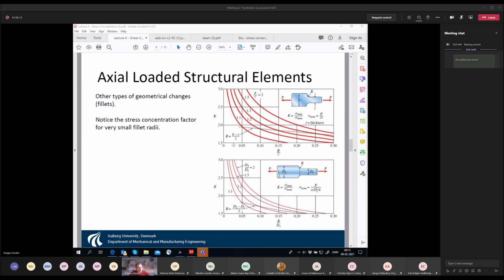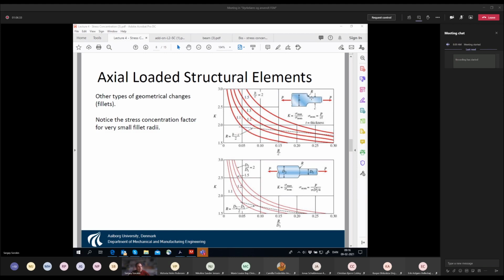Your stress concentration factor is sensitive to both, but as we discussed, it's not sensitive to the material. There are no material properties, only properties of geometry.